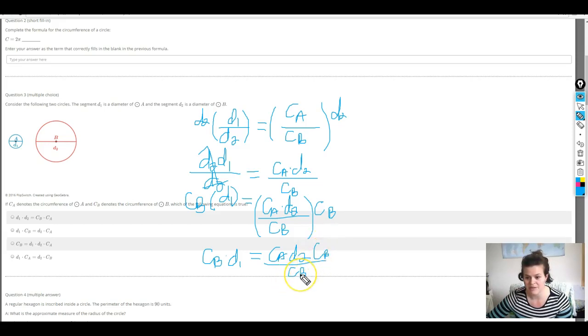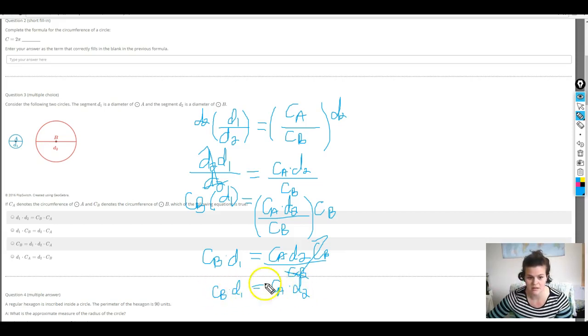So circumference of B divided by circumference of B is a form of 1, so that can reduce down. So then I would be left with circumference of B times diameter 1 is equal to the circumference of A times the diameter 2.